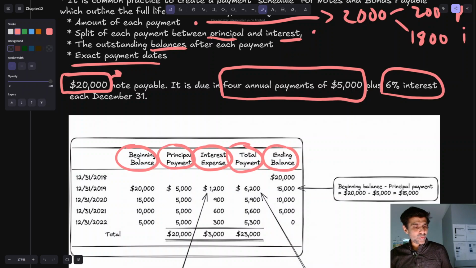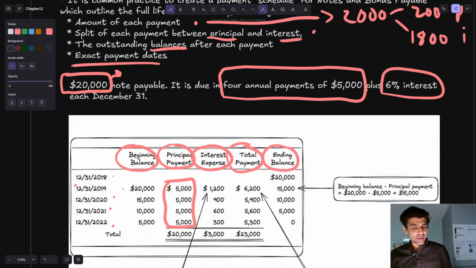So if we took out the loan in 18, the first payment date is here, 1 year later. So the principal balance is $20,000 to begin with. We're now making a payment at the end of the year. And as we said, we're going to split the principal into 4 equal payments of 5,000. You can see that each year here.